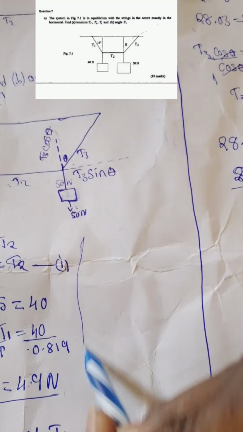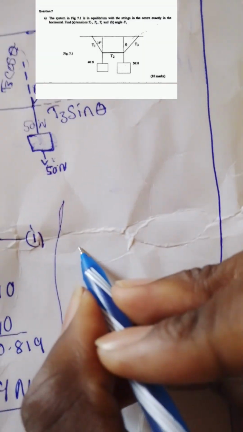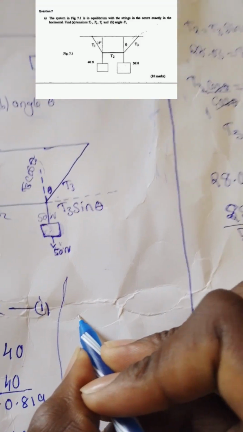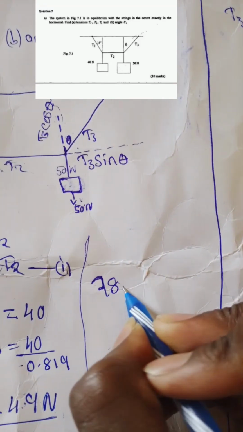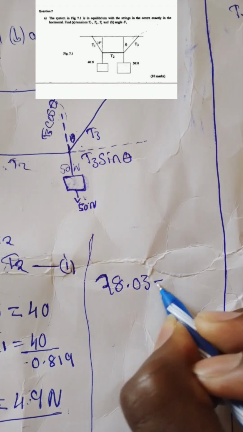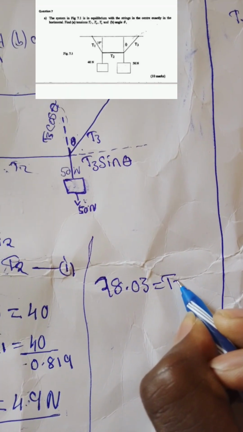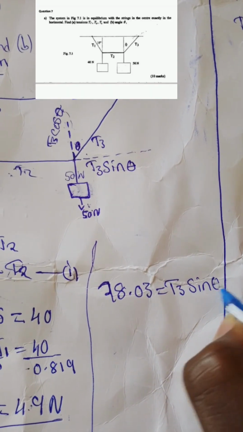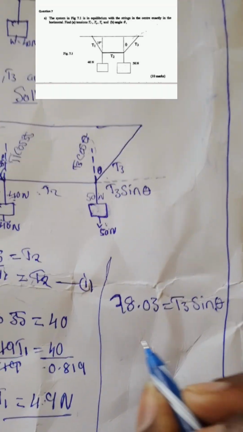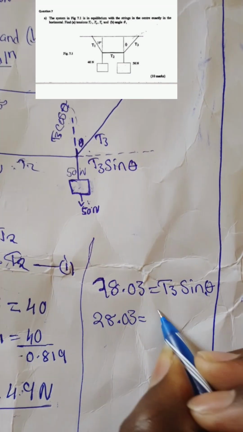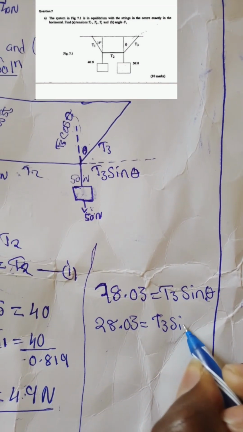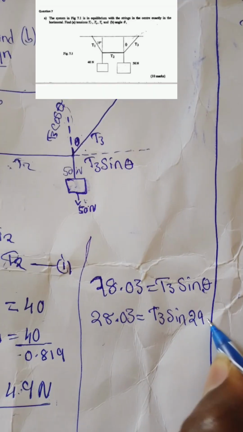Now let's find T3 here. So we'll go back. Let me just write it here. Let me make a demarcation. So we write that equation, which is 28.03 is equal to T3 sine theta. Now our theta, we found that it's 29.3. So it will be 28.03 is equal to T3 sine 29.3.